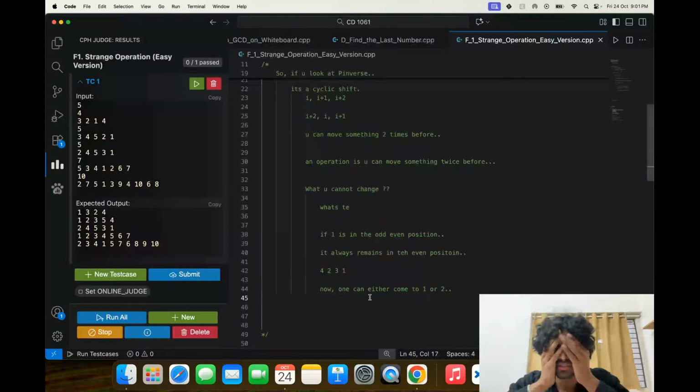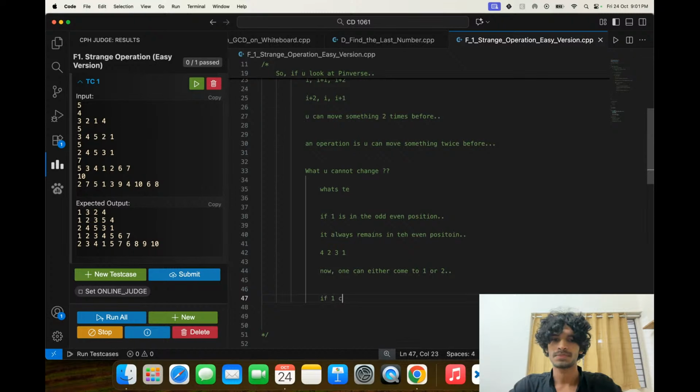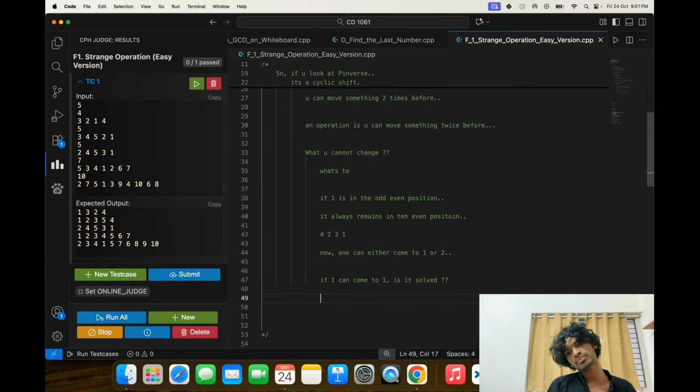Now if that is fixed, if one can come to 1, is the problem solved? Is there any benefit that this is coming here and then again this should come here? I don't think there is any benefit of doing that.